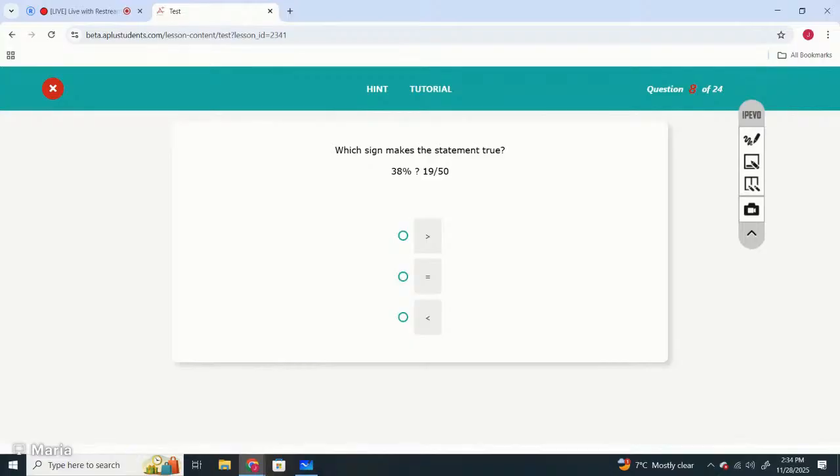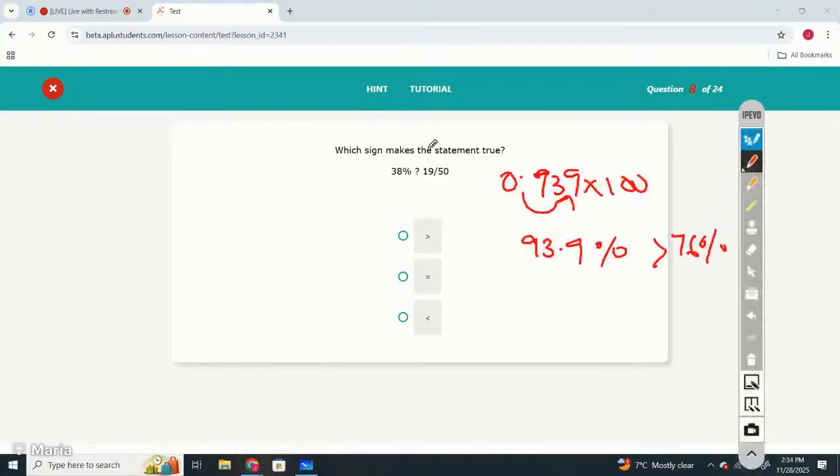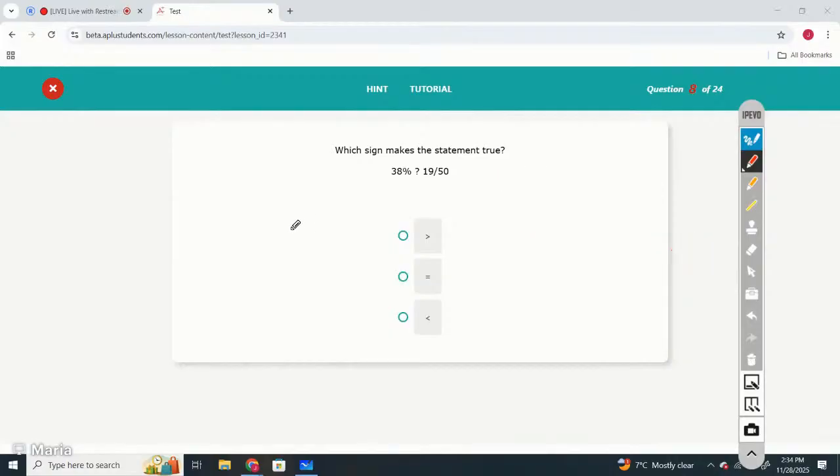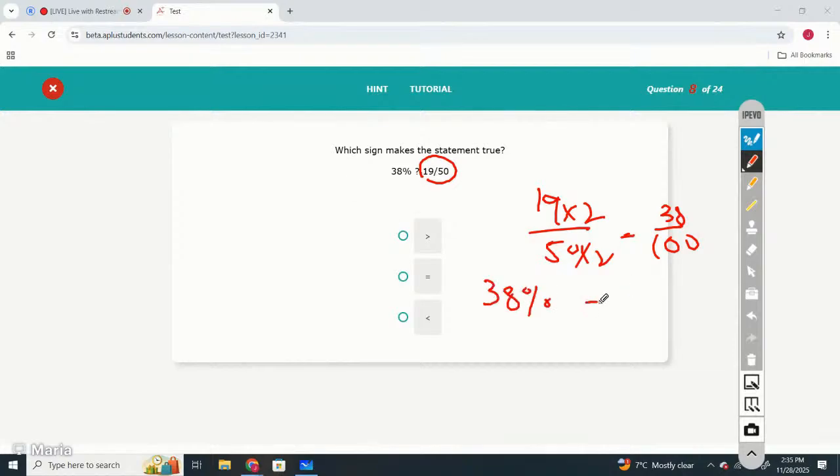Which sign makes the statement true? 38% and 19 by 50. Just convert it into the percentage form. We need to make the denominator equal to 100. So 19 times 2 and 50 times 2. So that is 38 over 100. So 38% is equal to 38%.